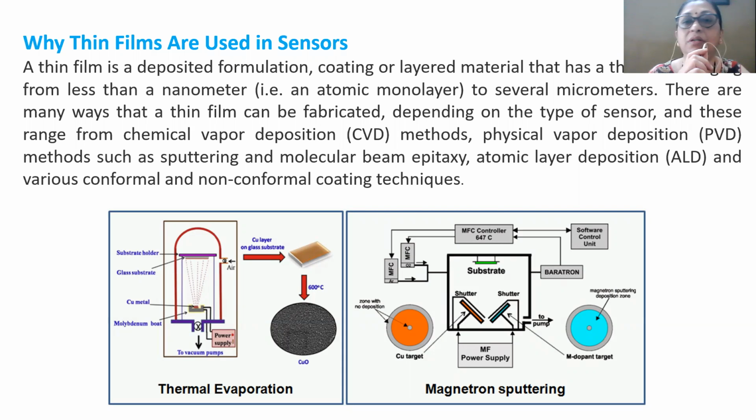So this is the range, and you have to remember this. There are different methods of producing such sensors, which are chemical vapor deposition, physical vapor deposition, molecular beam epitaxy, and atomic layer deposition. These types of coating techniques are used.